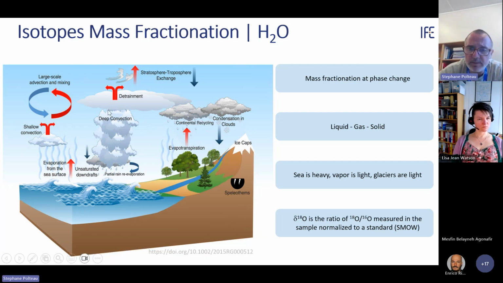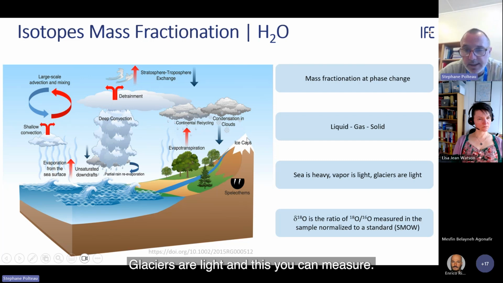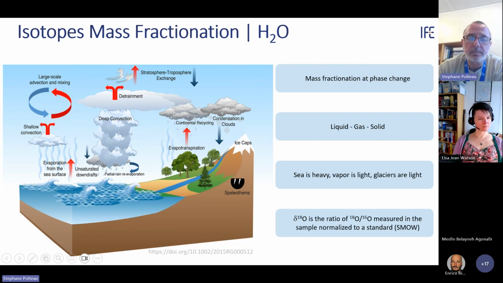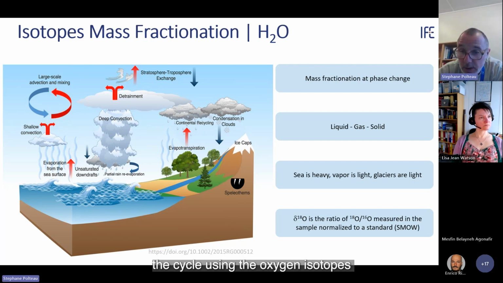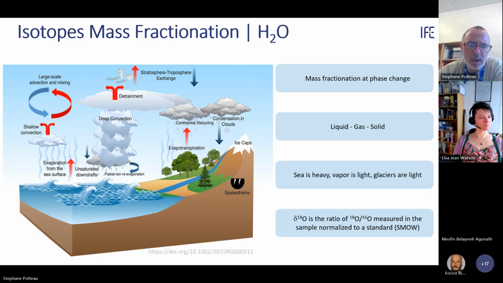So sea is heavy, water vapor is light, glaciers are light, and you can characterize the water cycle using the oxygen isotopes.